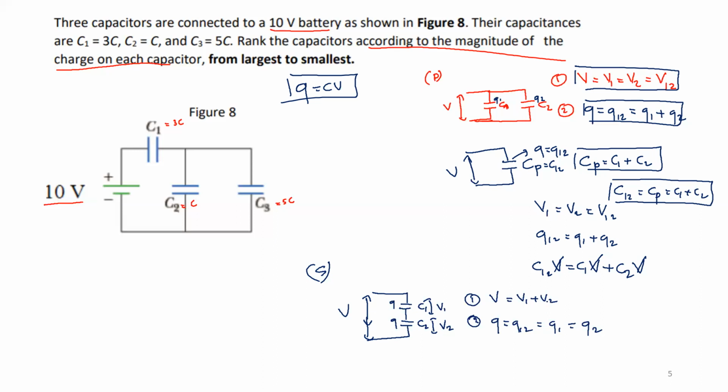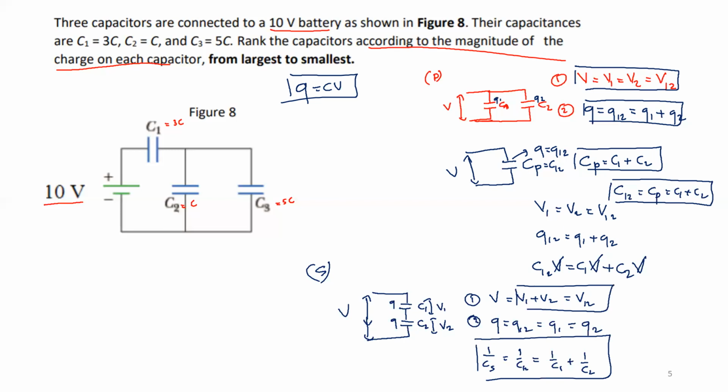Good. Now, from these two equations, what did we show? We showed that 1 over C series, which is 1 over C12, is just equal to 1 over C1 plus 1 over C2. How did we get it? We get it from here, because this is V12. So V12 is equal to V1 plus V2. Now V12 will be equal to what? Q12 divided by C12. And this is equal to V1.